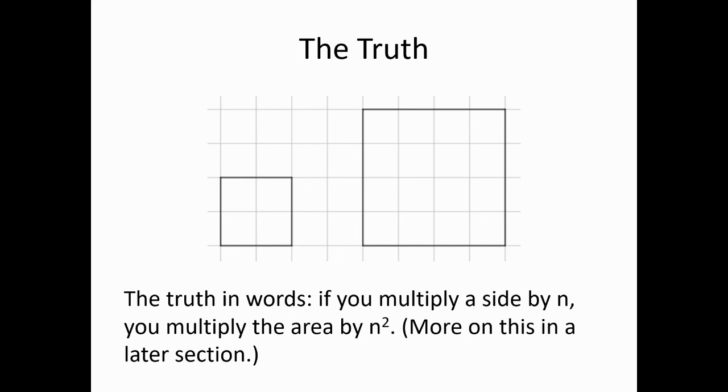And it should be clear why it is that this happens, right? Because when you scale a figure like a square, you have scaled in each of 2 directions. In the case of the square that I've shown you here, one scaled vertically and one also scaled horizontally. Now, if one had only scaled vertically, then one would end up with a 2 by 4 rectangle, and yes, the area would have doubled.